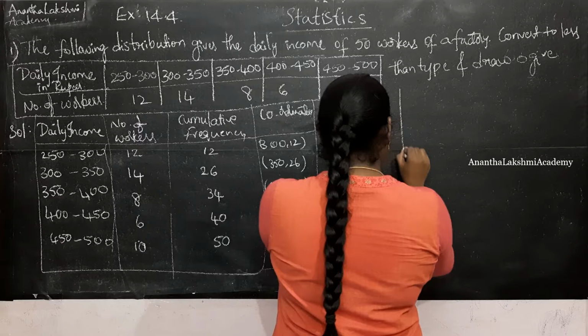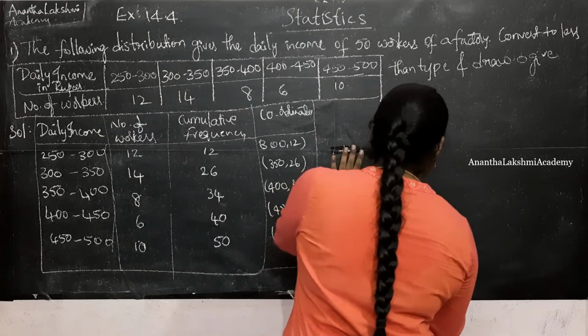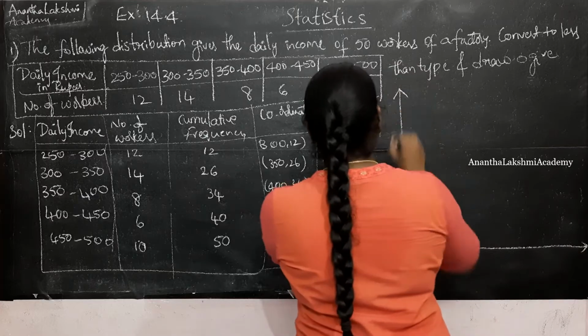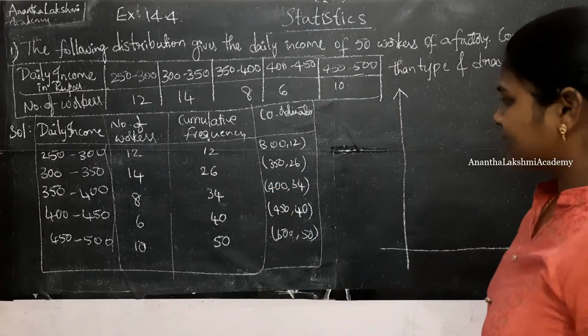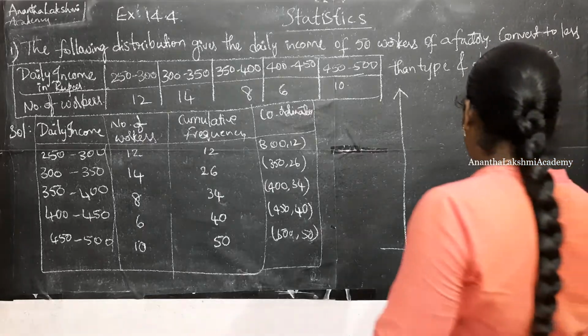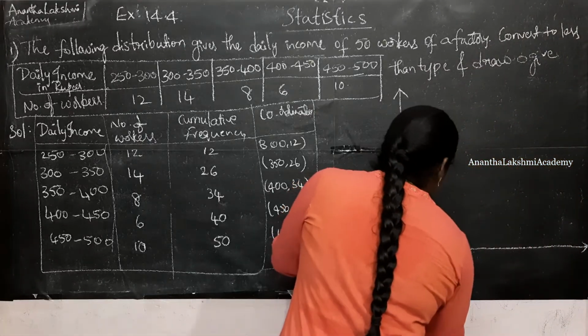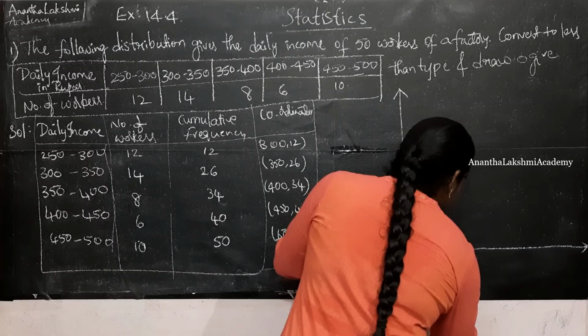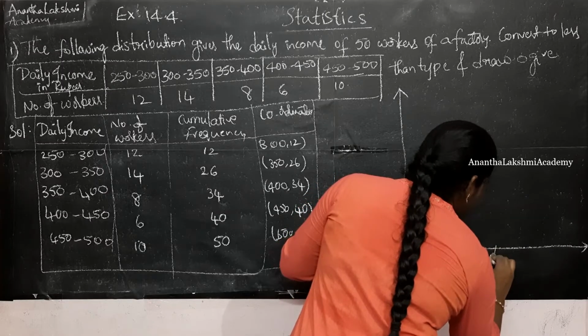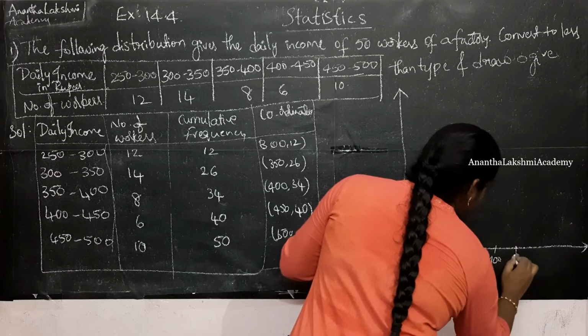So let me draw x-axis and y-axis. On x-axis, since these are 300, 350, 400, I'm going to consider a scale of 100: 100, 200, 300, 400 and 500.